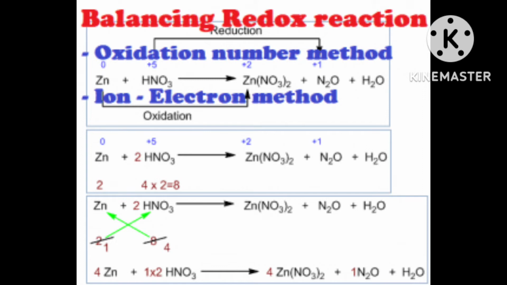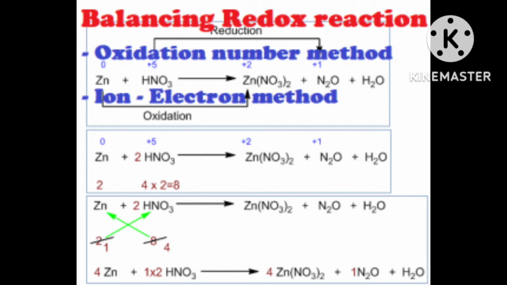Now there are 7 oxygens in Cr2O7. Each oxygen has a -2 oxidation number, which you know. Then you have to balance the oxygen. The total negative charge from 7 oxygens is 7 into -2, which is 14 negative.